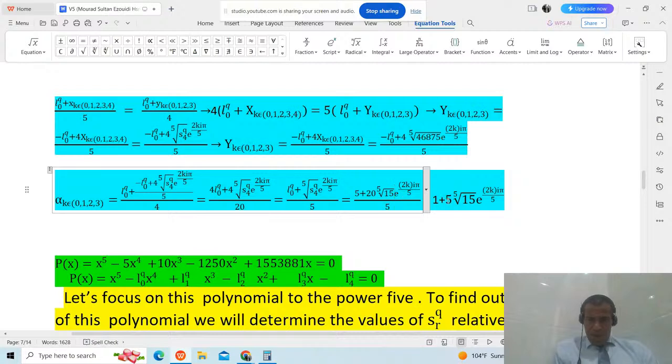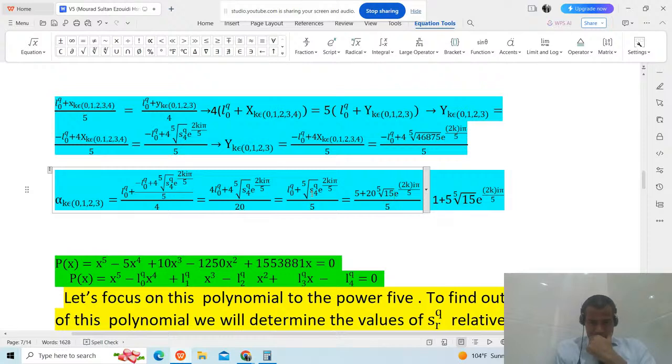So divide by 5. It will be minus 20. This is 4. Okay, 5. Alpha k equals x0 cubed plus this one plus this one.